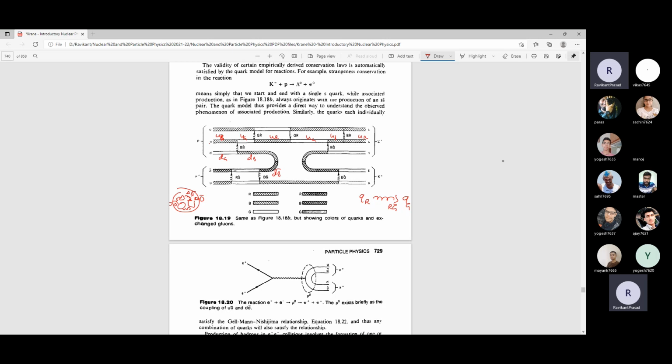So when D blue and anti D blue mix up, they just annihilate each other. And after some time, they become a new particle, which is again the same kind of line. So this is S blue, and you can say this is S. What is this one? This is anti-blue.